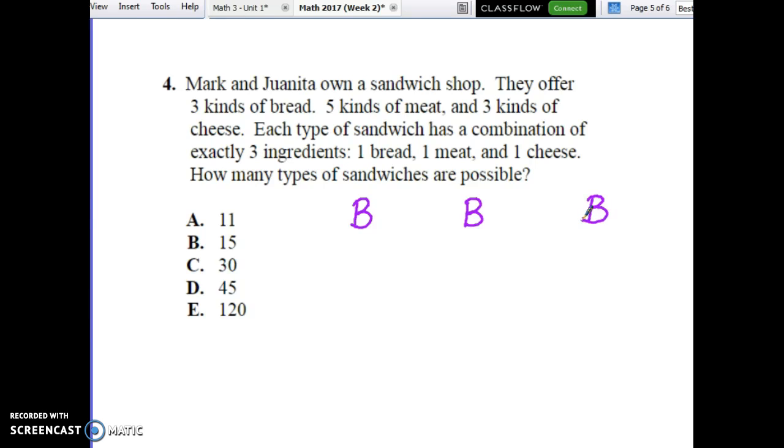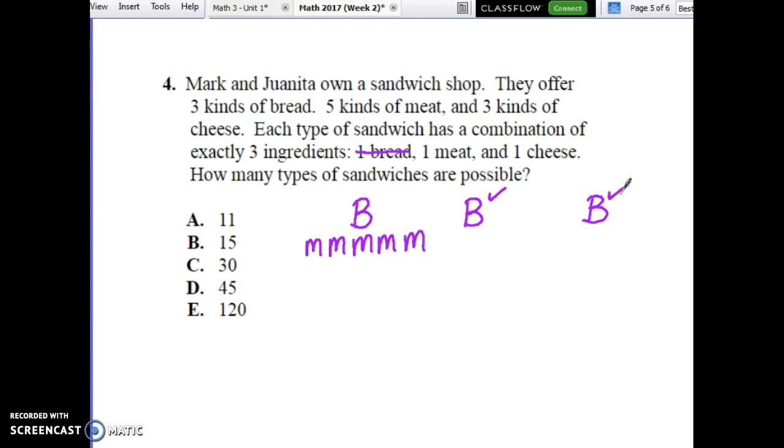Now, after you take care of your bread, you have a meat, and there are 5 choices for meat. So I will have 1, 2, 3, 4, 5 choices, and that 5 will also be for type of bread number 2 and type of bread number 3.